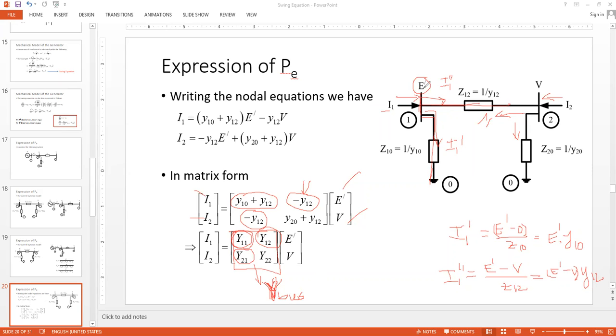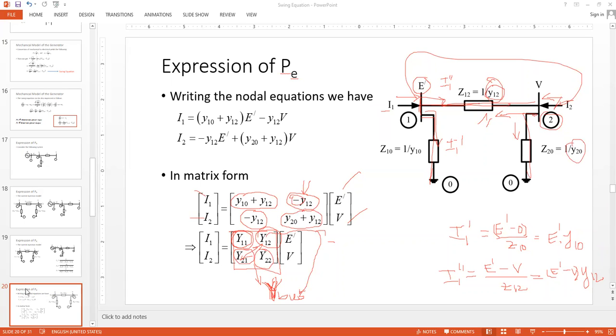Between node 1 and 2, in this branch, Y12 is the branch admittance. You take the negative of that, so you get the Y bus entry. Y21 should be the same as Y12, because of the characteristics of your bus admittance matrix. And Y22, node number 2, you have again two branches. Simply add the elements Y12 plus Y20. So this is how you can get it.